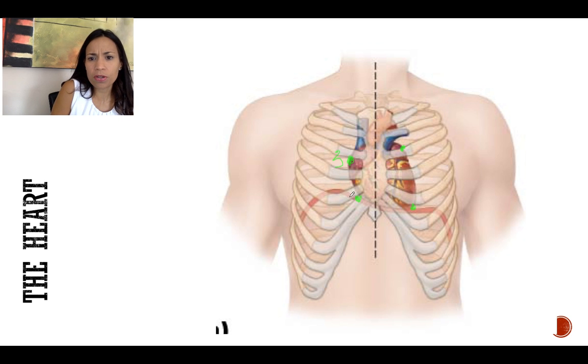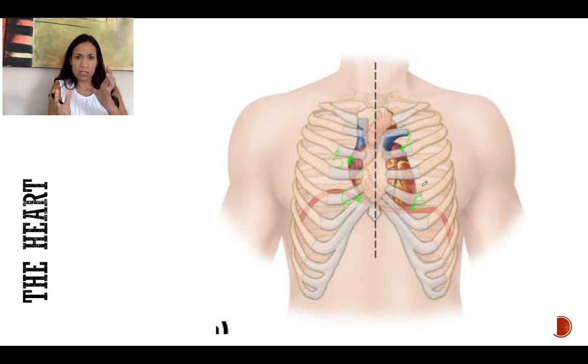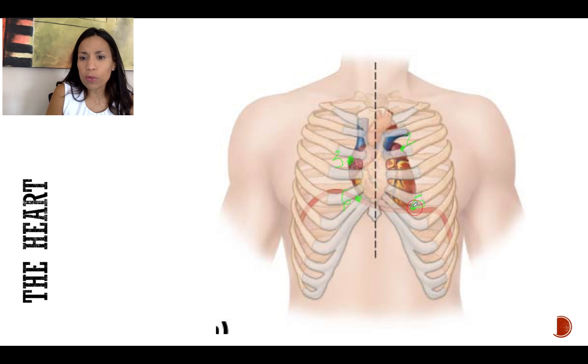This is the third, this is the sixth, and here upper, this is the second, and this is the fifth. And the important one that I want you to remember is this one, the inferior and left corner of the heart that lies at the level of the fifth intercostal space.